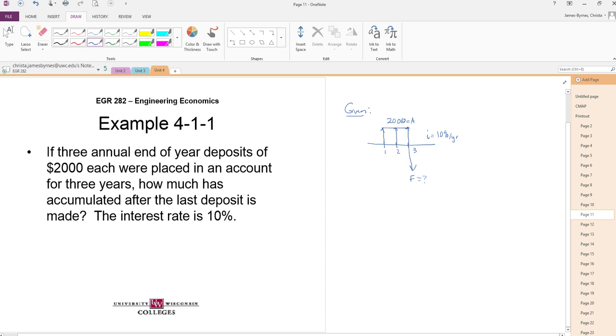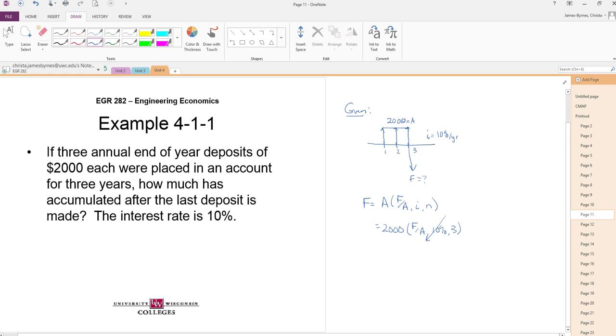Okay, so my solution is I use the factors or I use the formula. That's a funky formula, so I'm going to use the factors. F is equal to A, find a future given an A, I-N. I put $2,000 in every year. I want to find the future value of that at 10% for 3 years.